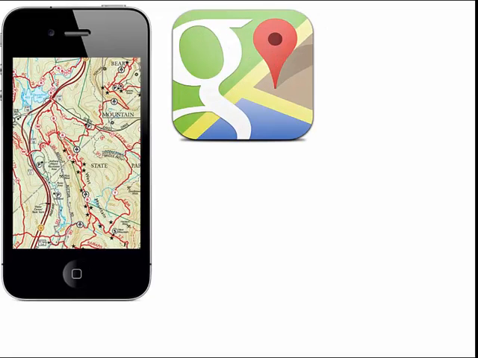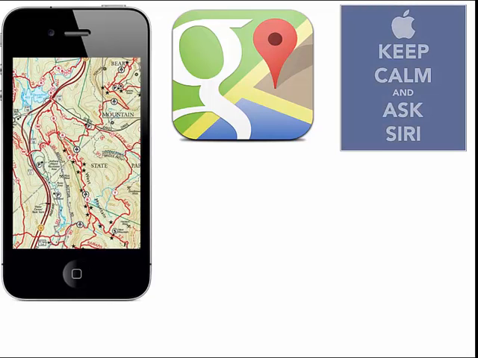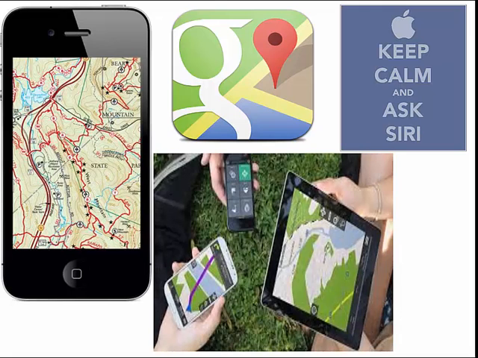And Google Maps, people are accessing Google Maps on their cell phones, on their tablets, and computers, and you don't necessarily need a paper foldable road map anymore. Just ask Siri. But it's always a good idea to still have a paper copy of a road map, because sometimes the technology does not work.